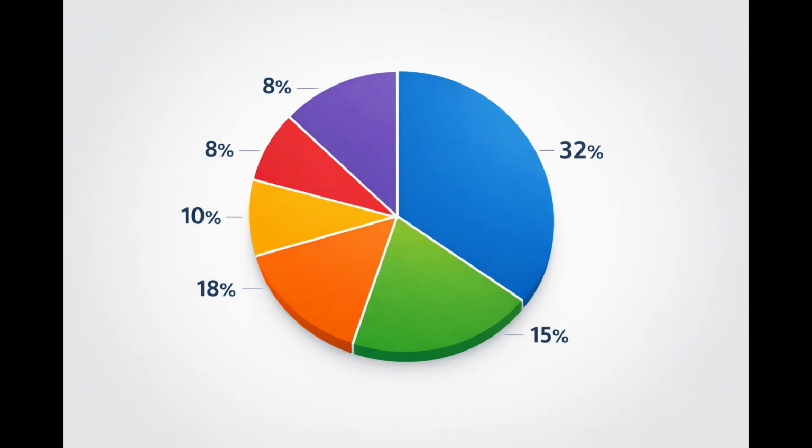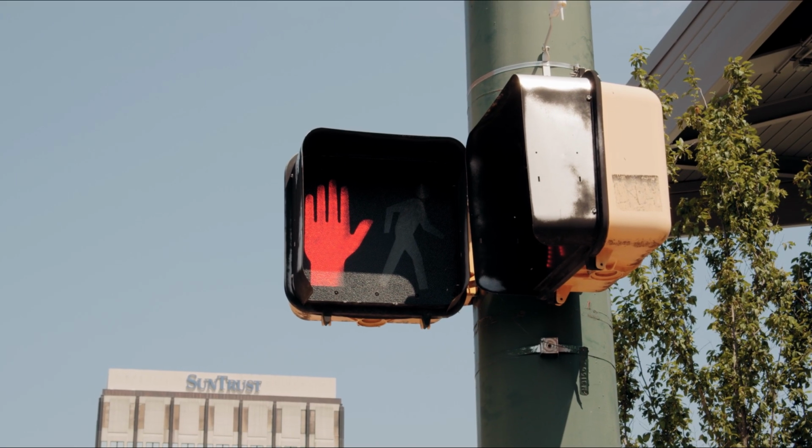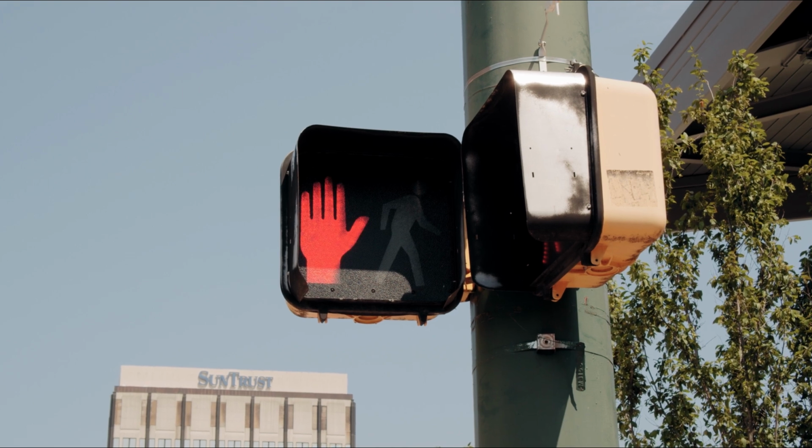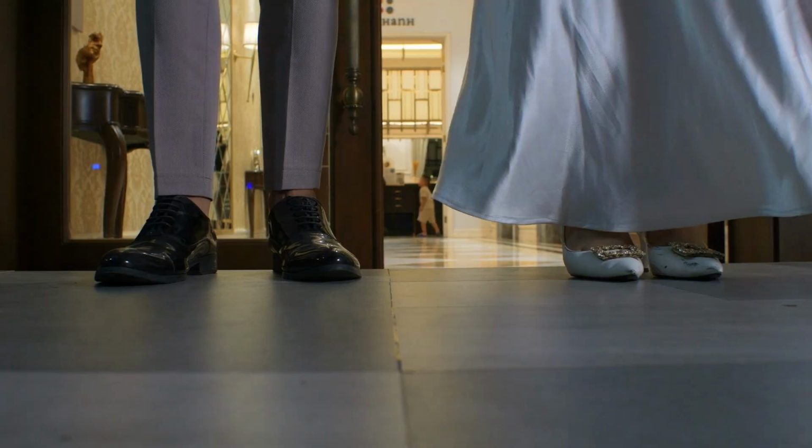The third one is pie chart, used for proportions like market share. The fourth one is histogram, used for distributions, for example age groups of customers. So every chart has a purpose. Using the wrong chart is like wearing formal shoes into the gym.